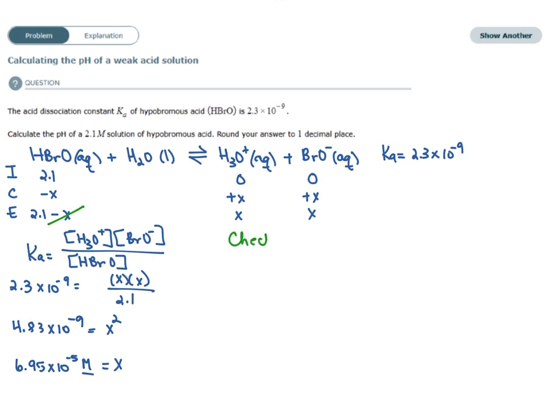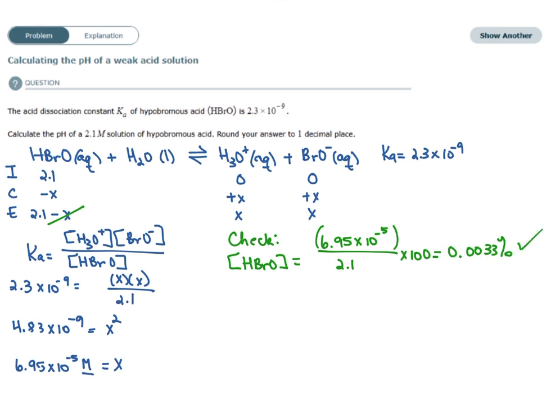So let's check that. And this is a really small number. So it's less than 5%. So I can go ahead and keep that assumption.